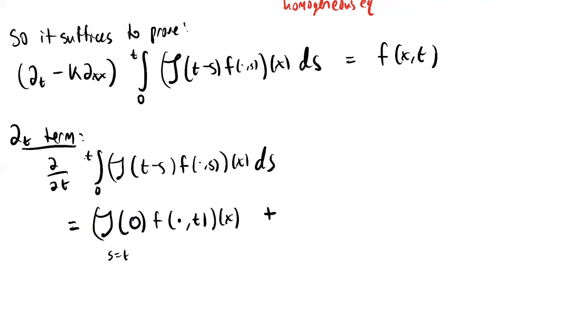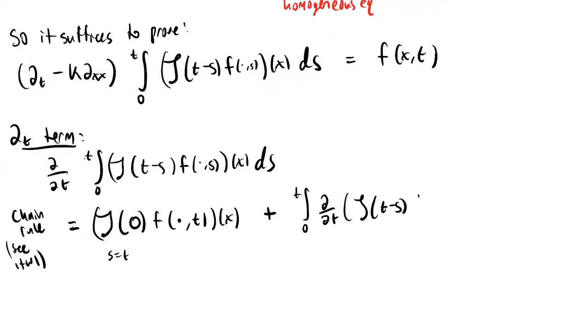And then I get a second term. This is just using the chain rule, or, for example, see homework 1. You did a lot of calculations like this on your first homework. Plus the other term, which comes from differentiating inside the integral. So this is the integral from 0 to t of the derivative with respect to time of the solution operator at time t minus s applied to f.